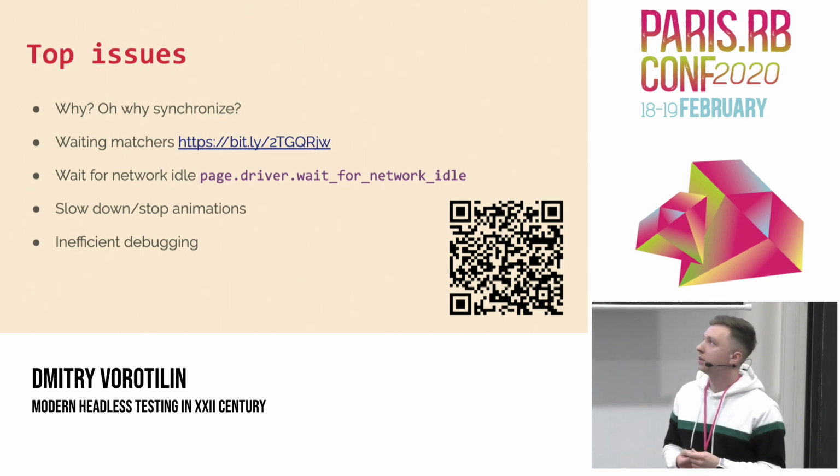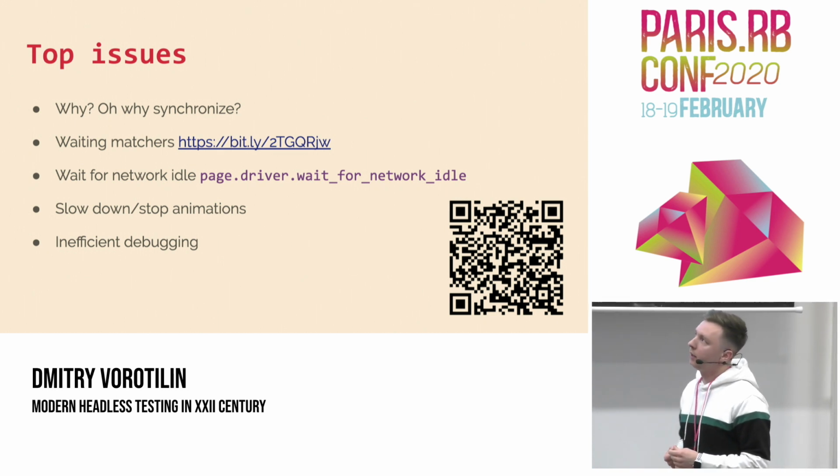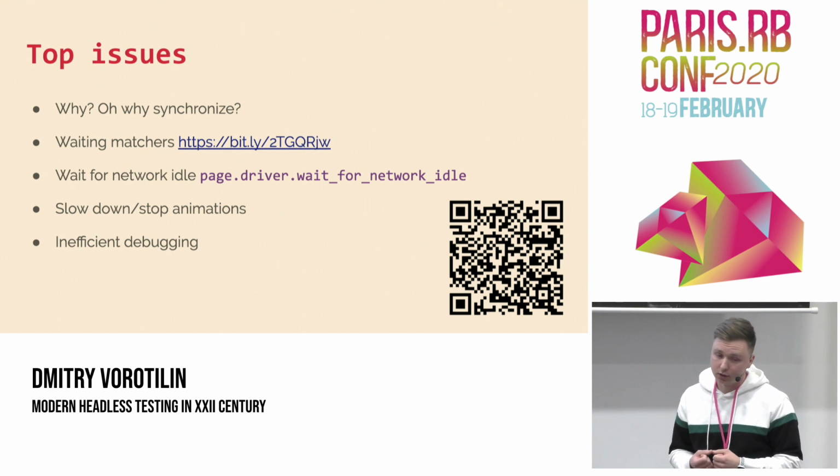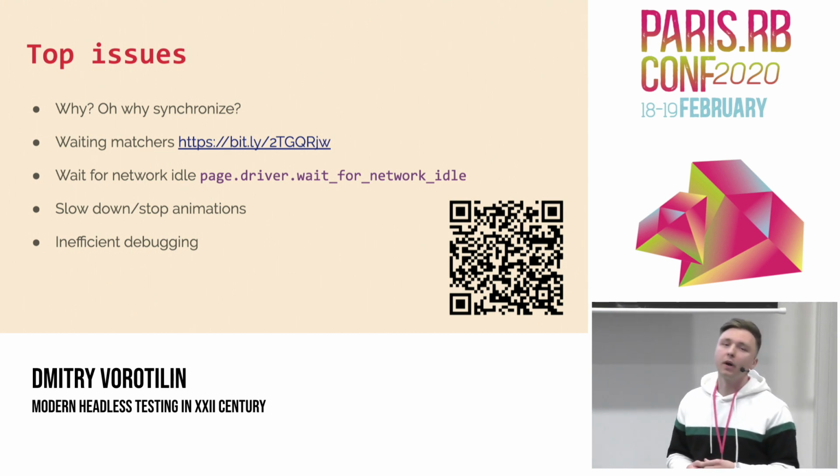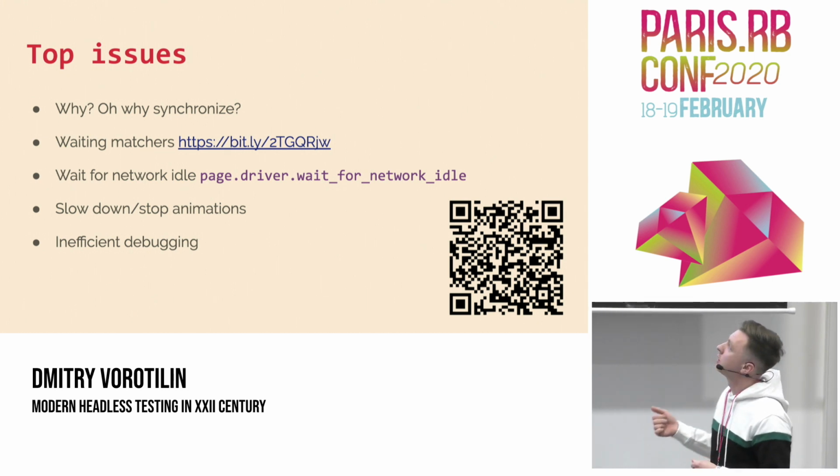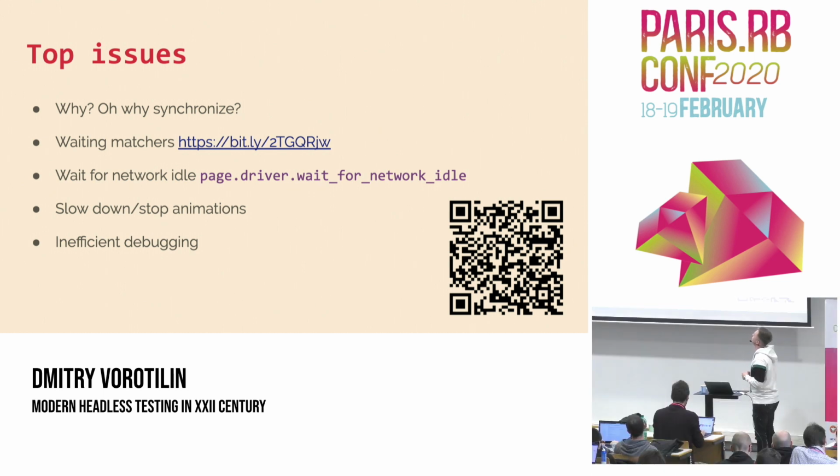So we were basically checking with JavaScript if there are active jQuery connections. But now with Cuprite and Chrome, you can use a pure Ruby version of it, wait for network idle, where Chrome streams all the events regarding the network right to Ruby. So we have everything we need in Ruby. You don't even need JavaScript now.